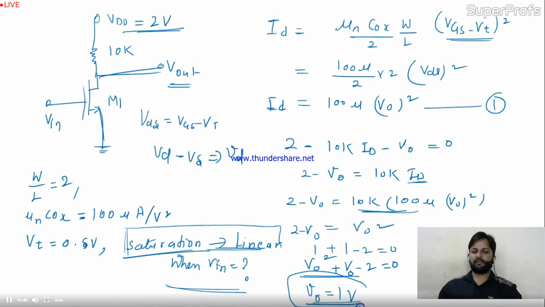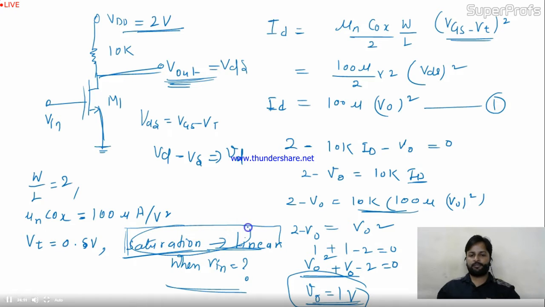Now you calculated V naught, but they are asking to find out V in. So you have found V naught. This is nothing but VD, also VDS, because VS is 0.